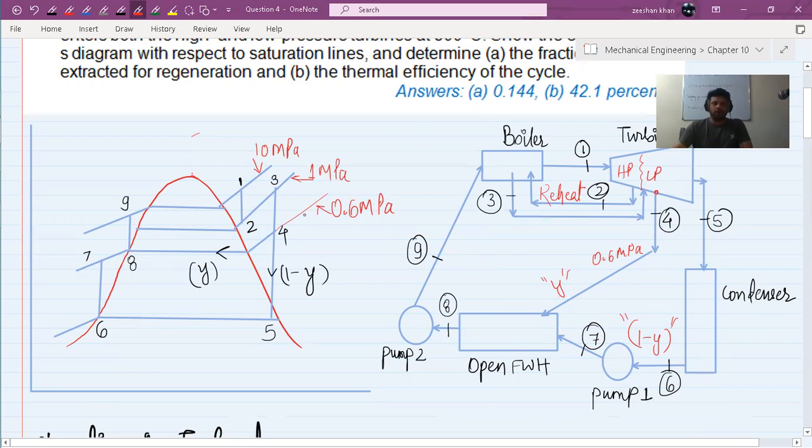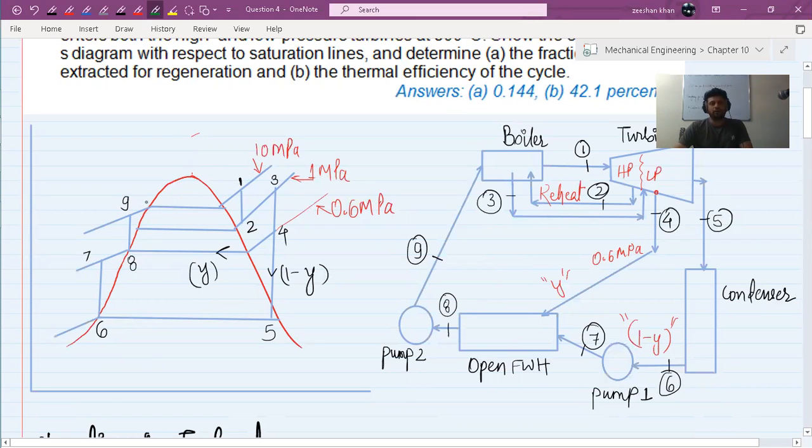Okay, so again, like I told you in the previous problems, our focus is always calculating enthalpy at all these cardinal points in the cycle: cardinal point 1, 2, 3, 4, 5, 6, 7, 8, 9. And once the enthalpies are known, we can answer anything that they want us to figure out about these cycles.